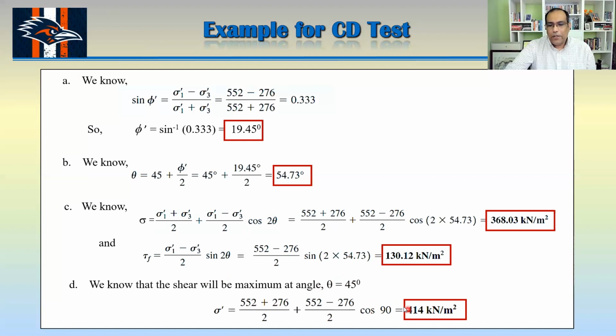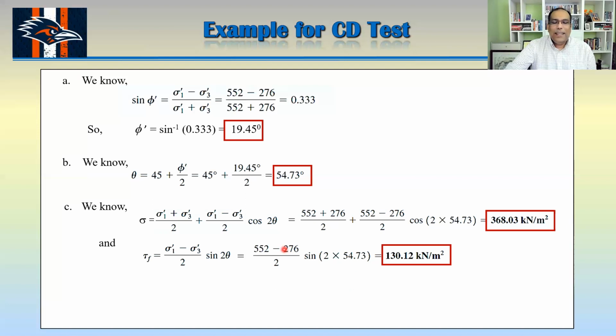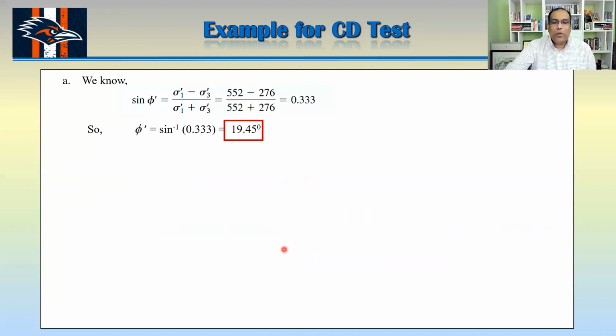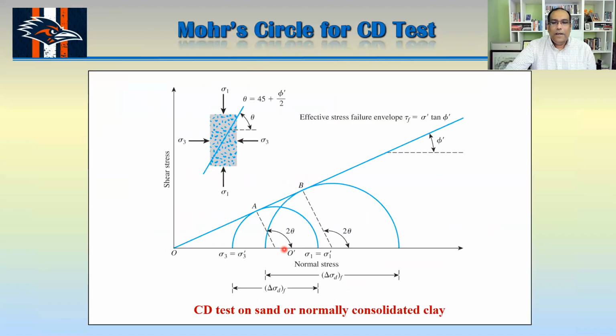Okay. So you can see we are using 90 here. So if I want to show that one in our Mohr circle, then basically we are talking about this point here. Okay, so this is my Mohr circle. Where is the shear strength maximum? That has to be here, right?